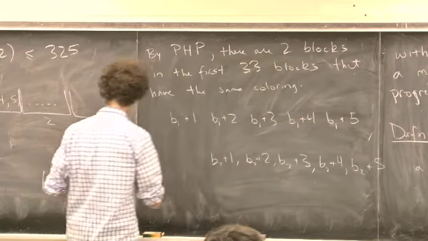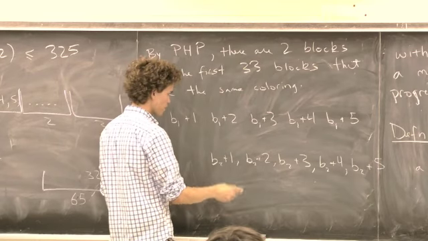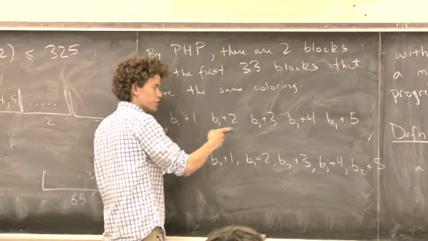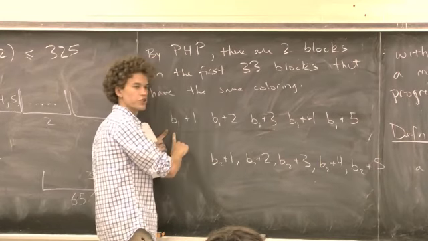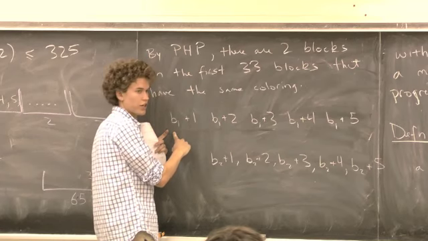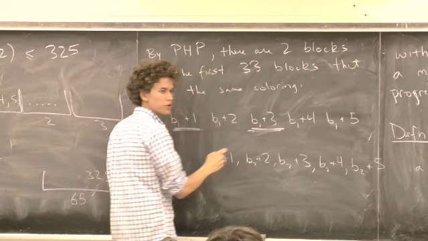Alright. Okay. So they've got the same coloring with two colors, again by the pigeonhole principle. Of the first three, two of them have to be colored the same color. Alright? So what do we think? Maybe these two are the same color.